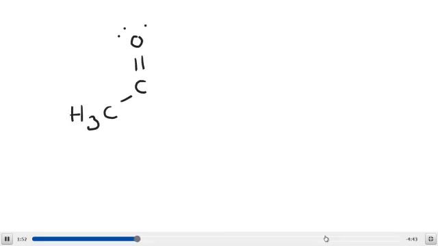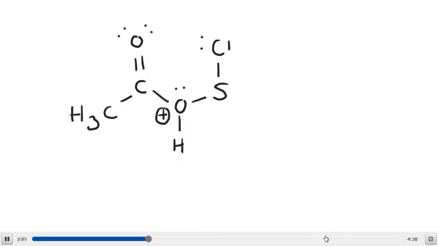It's got some positive charge and some negative charge, so it's overall still going to be neutral. But our pseudo-tetrahedral intermediate now is where the sulfur is instead of the carbonyl carbon.